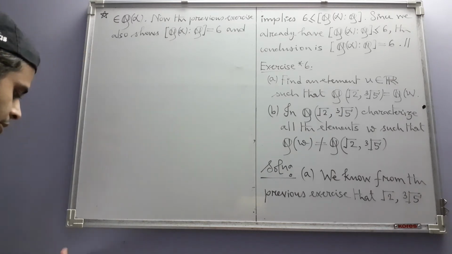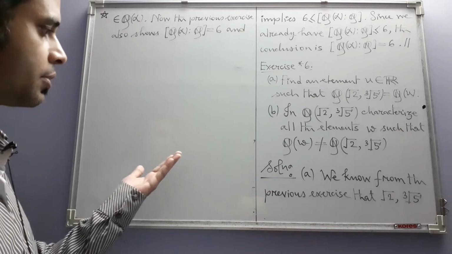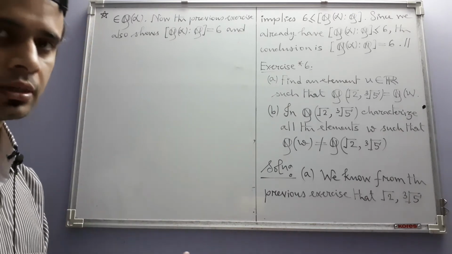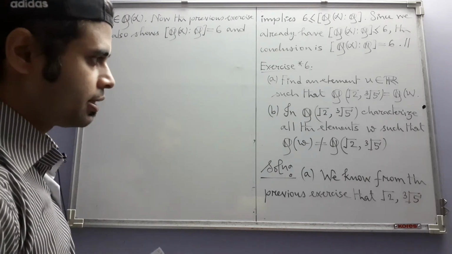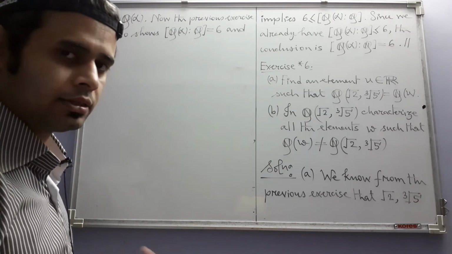But I was not able to solve this problem without using exercise 8. If you can come up with a solution that does not use exercise 8, then please let me know.